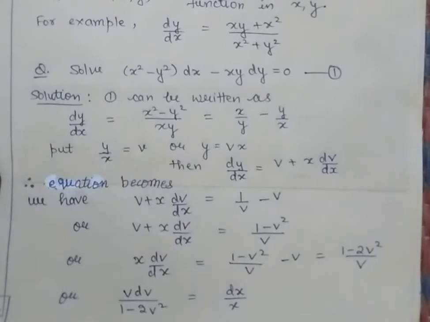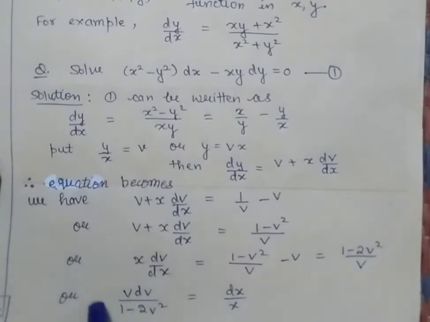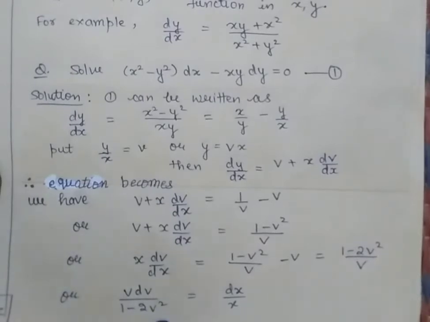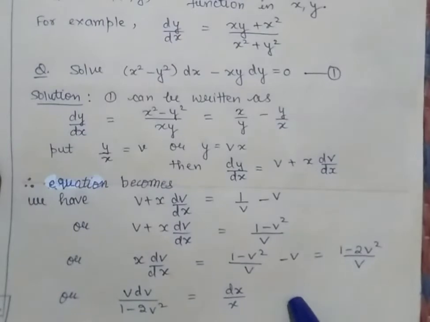Now we separate variables and then solve the equation. So we take v and dv on one side of the equation and x and dx on the other side of the equation. So this becomes, if we take v divided by 1 minus 2v square here, v dv upon 1 minus 2v square, and if we take x and dx on this side, this is dx by x.